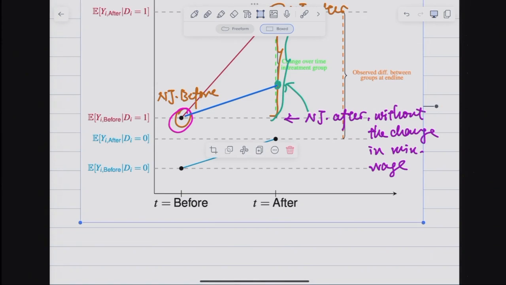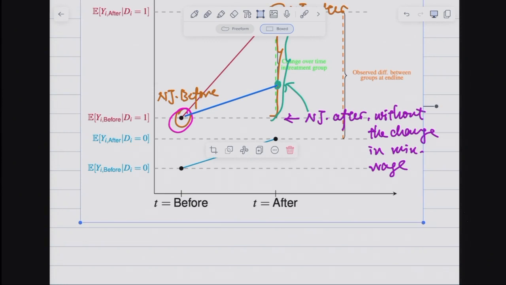Then if you look at the expression, that means the before-after analysis for the treatment group and the before-after analysis for the control group in the untreated state are the same.